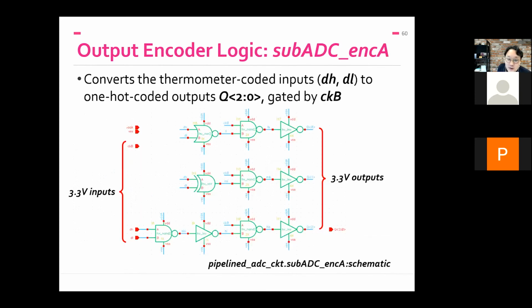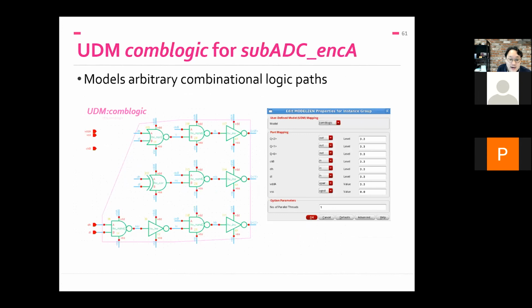Okay, so following the SubADC output, which will be thermometer coded, we have a set of encoder logic that will translate into either a one-hot code or a binary code. So that's basically digital gates. And of course, analog circuits may contain digital gates. And we have a UDM called combinational logic that can model arbitrary combinational logic.